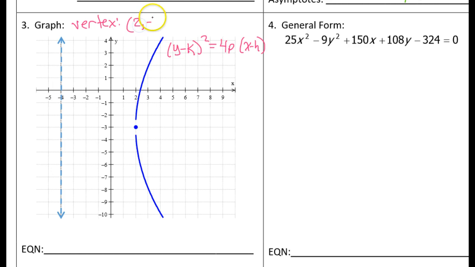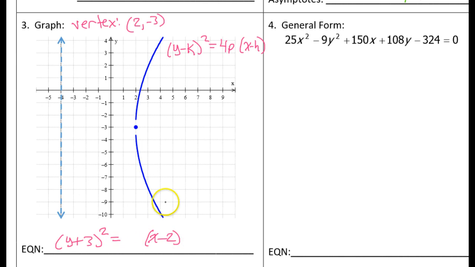So my y minus k is going to become y plus 3 squared, because that k value is the negative 3. And you kind of do the opposite, so it becomes y plus 3. The h value, that's the 2. So this is going to be x minus 2.